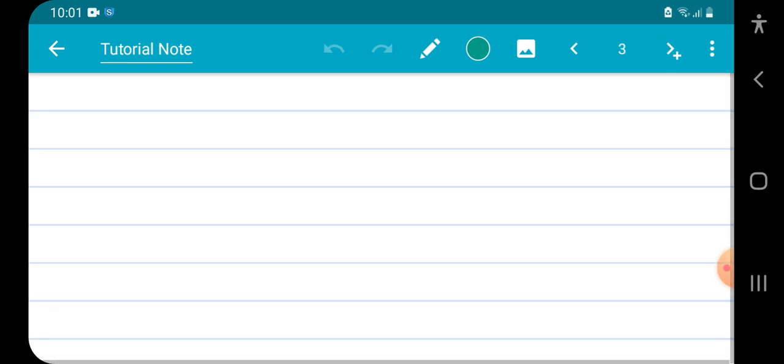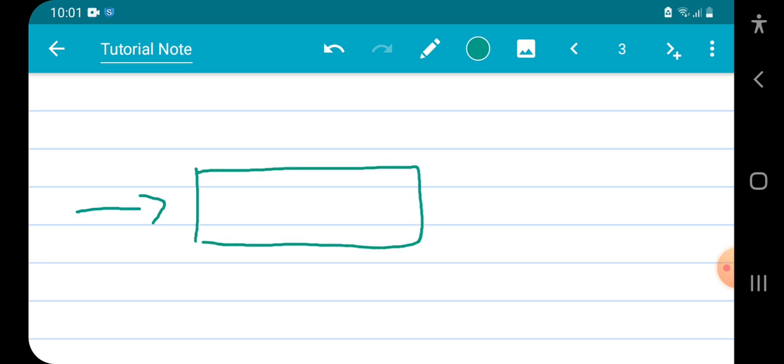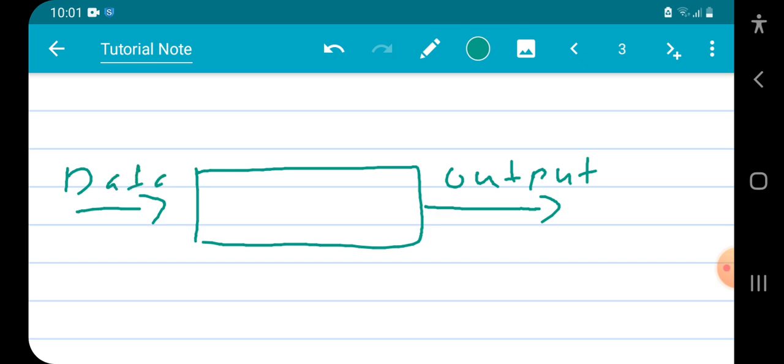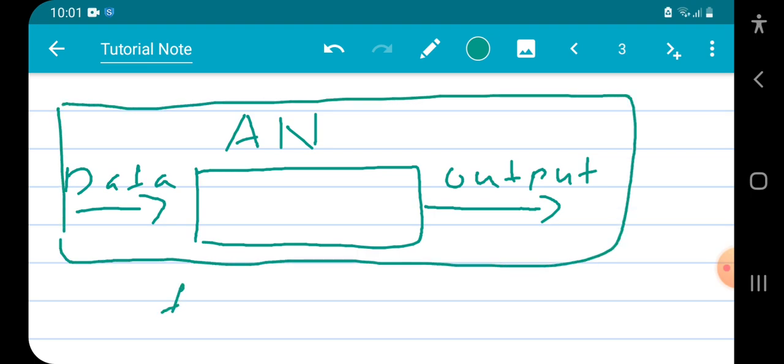Functions in mathematics also take some data, perform some instruction on the given data, and give us the output. So we can also say that an artificial neuron is actually a function.